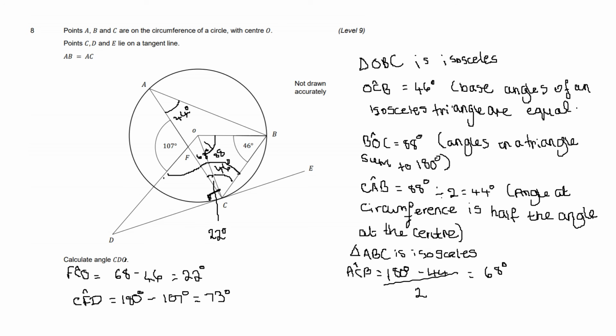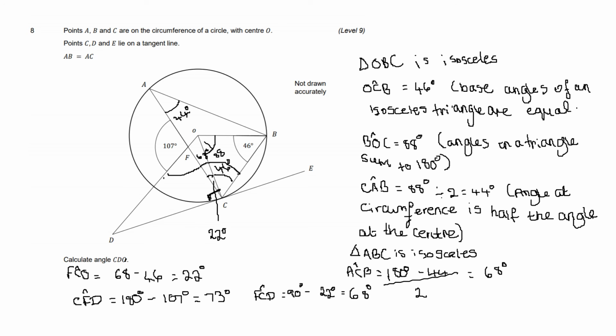So we can now find angle FCD. I'm running out of space here, so you'll have to bear with me. So FCD will be 90 minus 22, and that will give us 68.